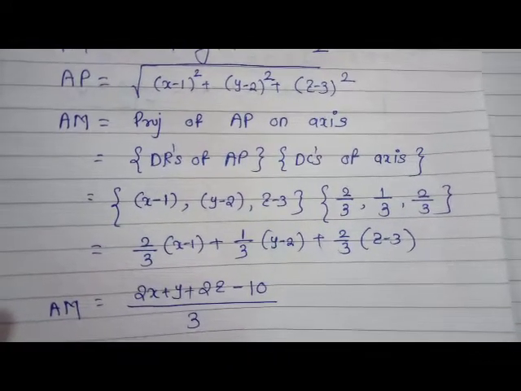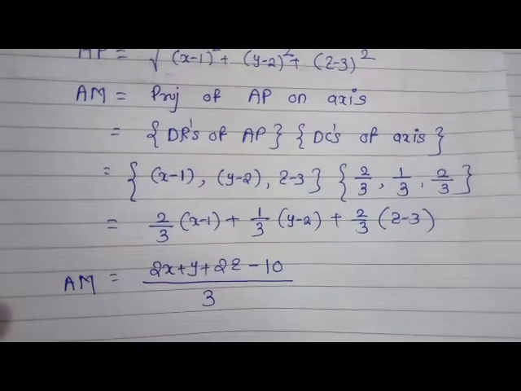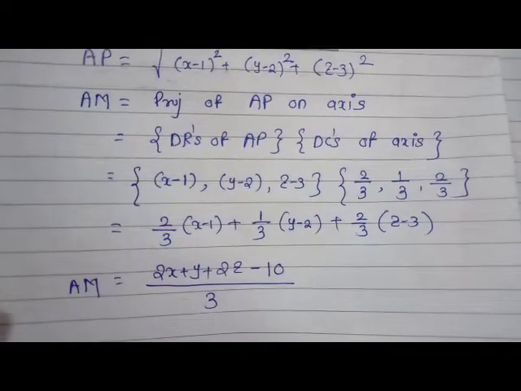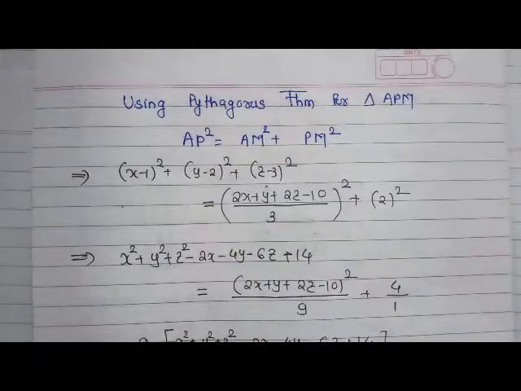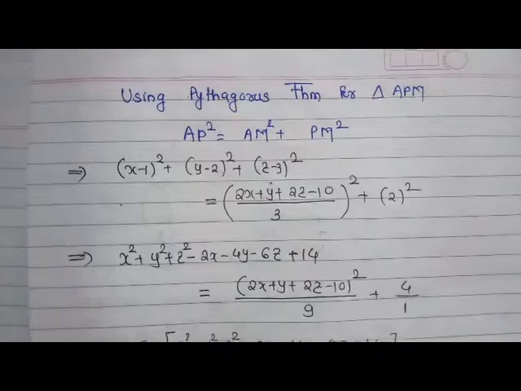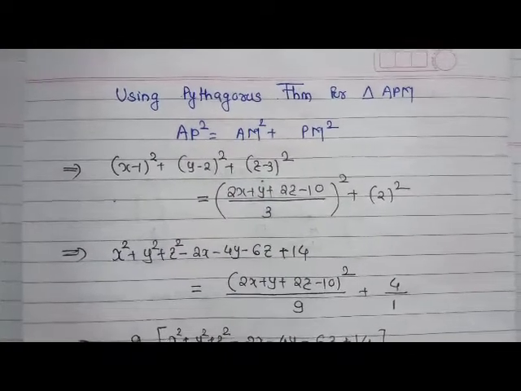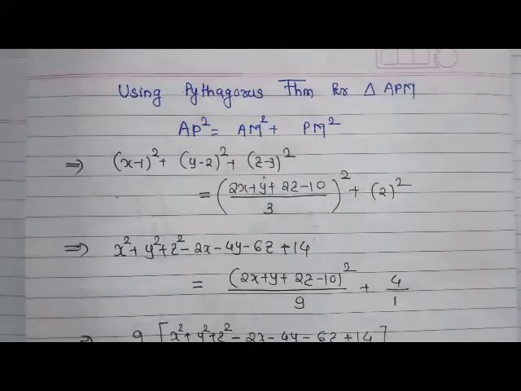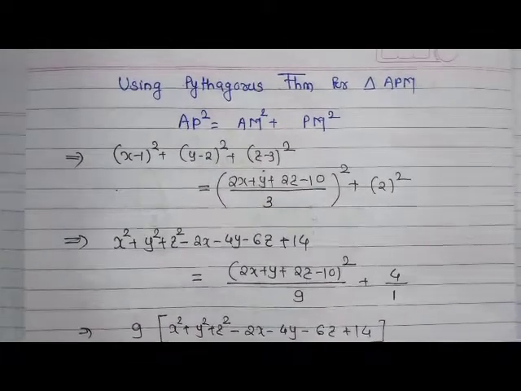Component wise multiplication and simplification gives AM equal to (2x plus y plus 2z minus 10) divided by 3. Using the Pythagoras theorem for triangle APM, AP square equals AM square plus PM square. The square root and square cancel. Then AM is substituted and the radius of the cylinder is substituted.